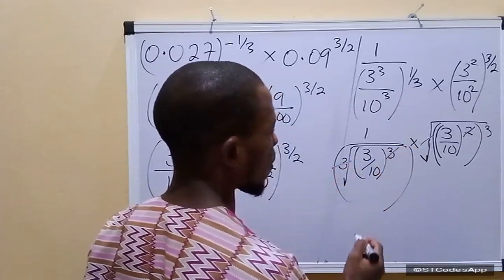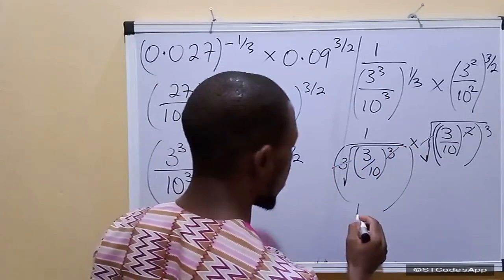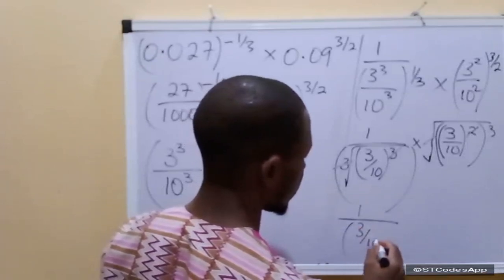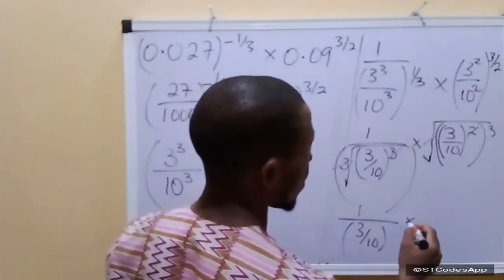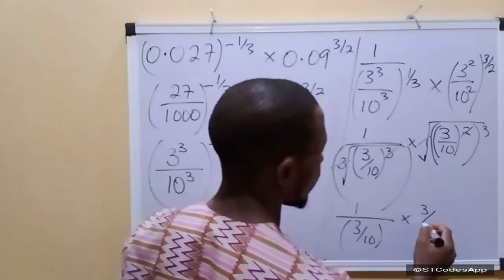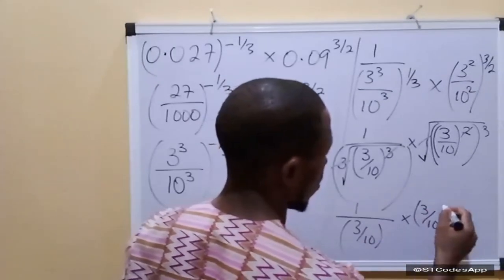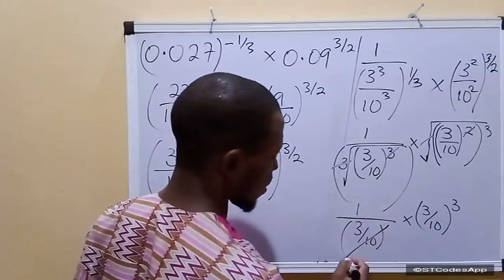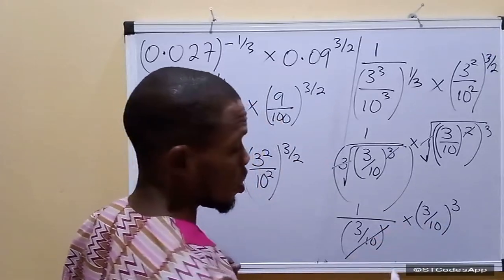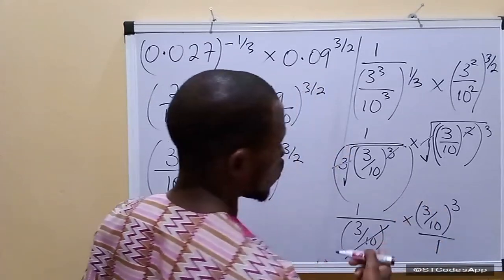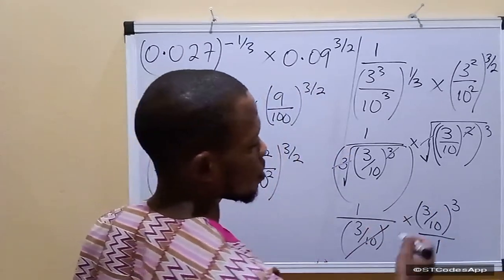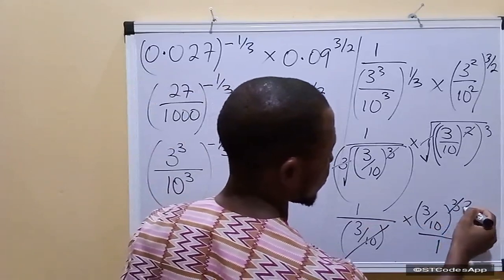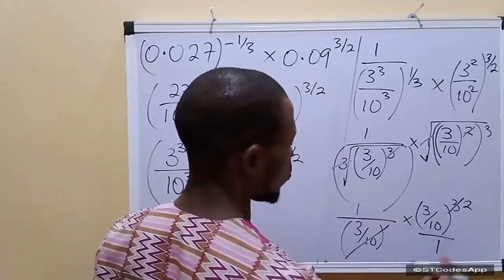So we are left with 1 all over 3 over 10 times 3 over 10 all raised to the power of 3. 3 over 10 is actually a denominator, we know, because here it's all over 1. So 3 over 10 will cancel one of the 3 over 10 here. We are left with 3 over 10 raised to the power 2.